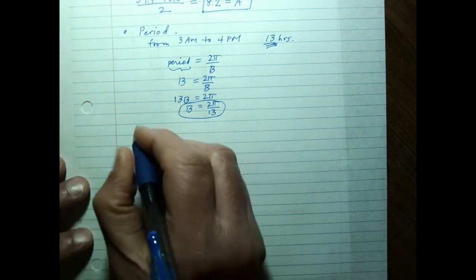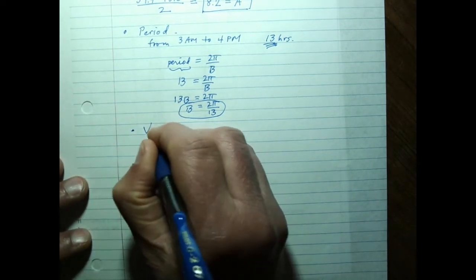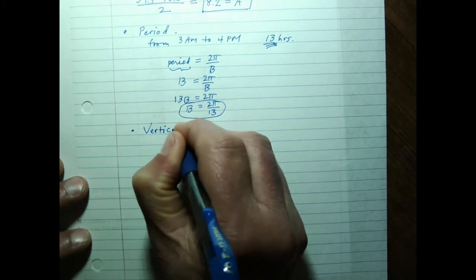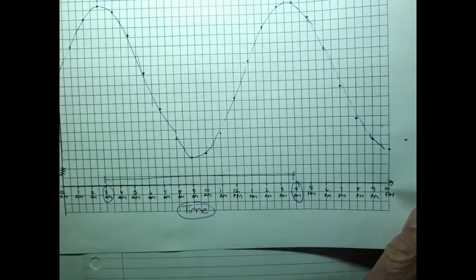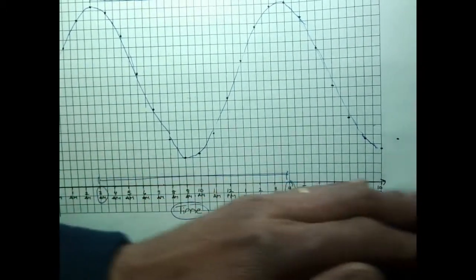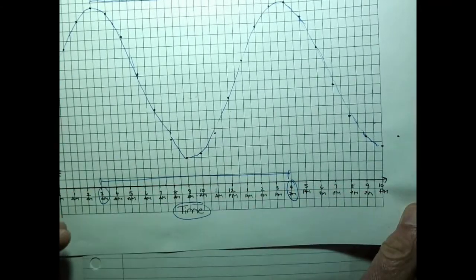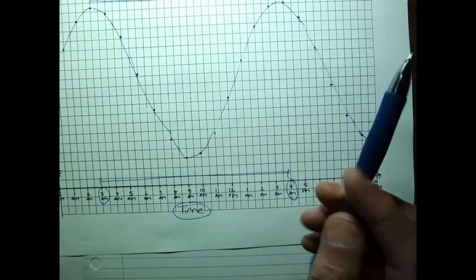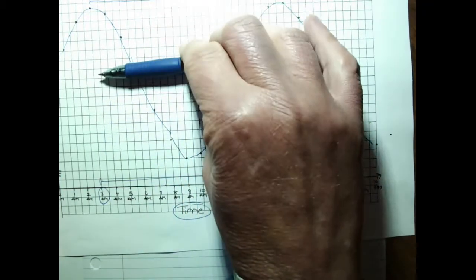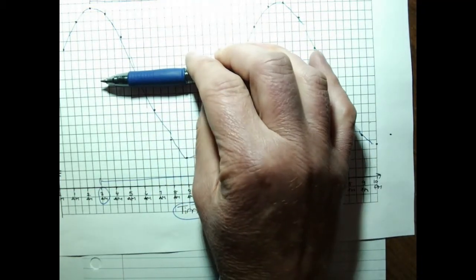If I follow the outline on that other handout, they looked at vertical shift next. So our graph here is actually sitting way above the horizontal axis. So we know the midline represents a positive vertical shift, right?